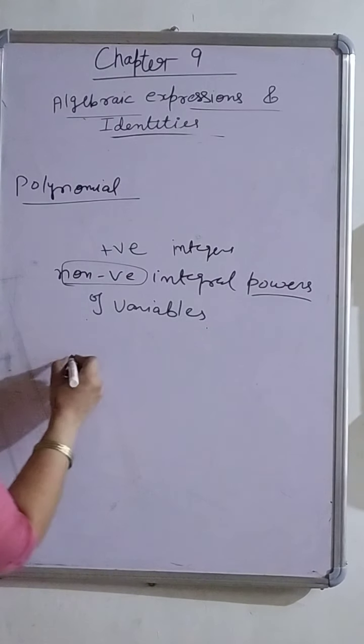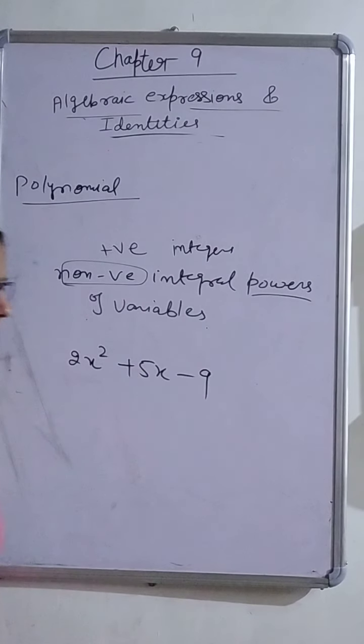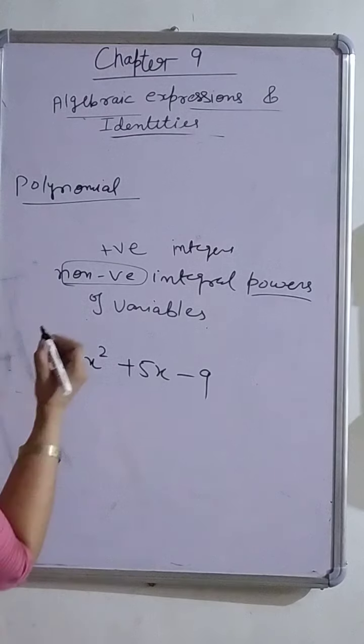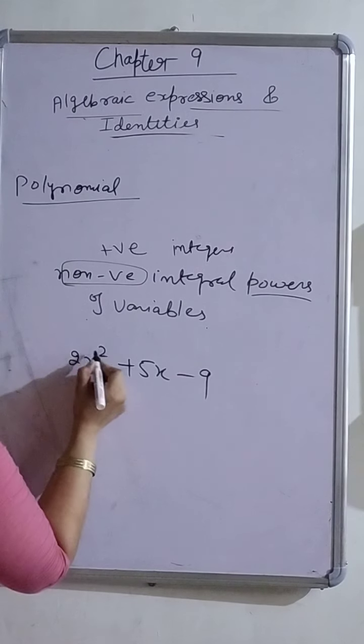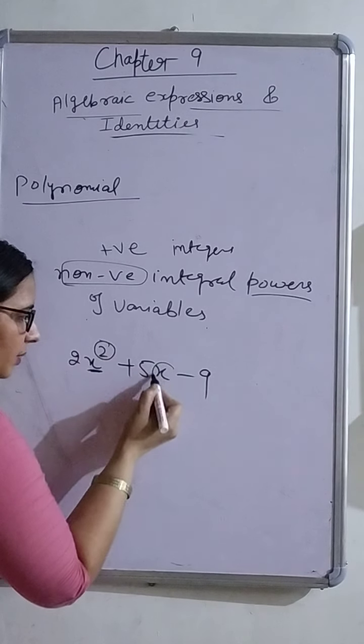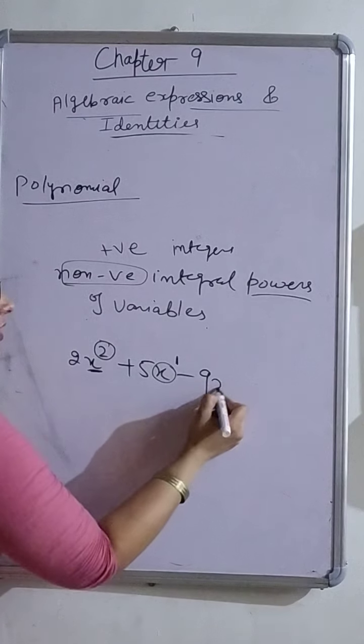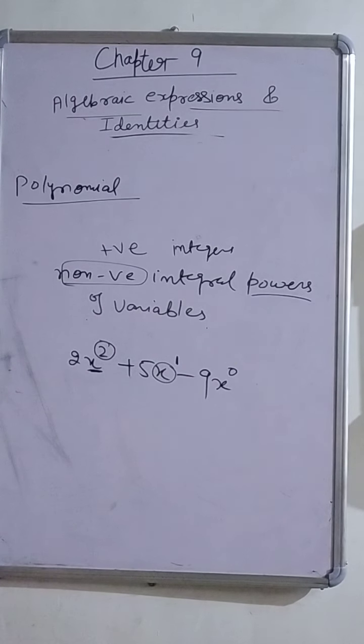For example, 2x square plus 5x minus 9. See, in the first term the variable is x, the power of x is 2 and this is a positive power. In the second, the variable is x, the power 1 is positive and you can write x raised to power 0. 0 is also considered, we are taking it as positive.